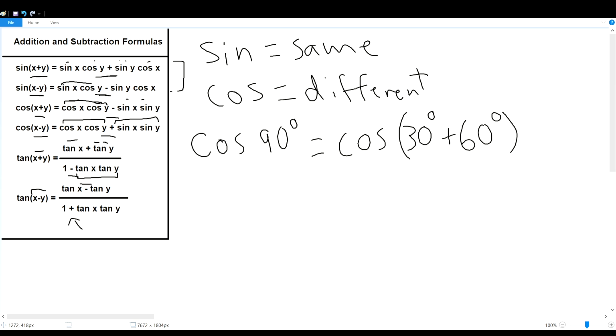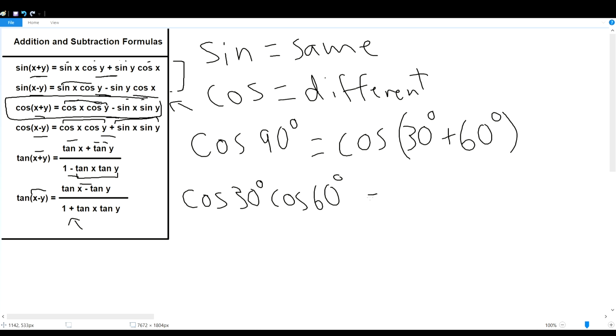And then we have it in the form where we could use this equation right here, the cosine of x plus y. So this will turn into the cosine 30 degrees, cosine 60 degrees, minus sine 30 degrees, sine 60 degrees.